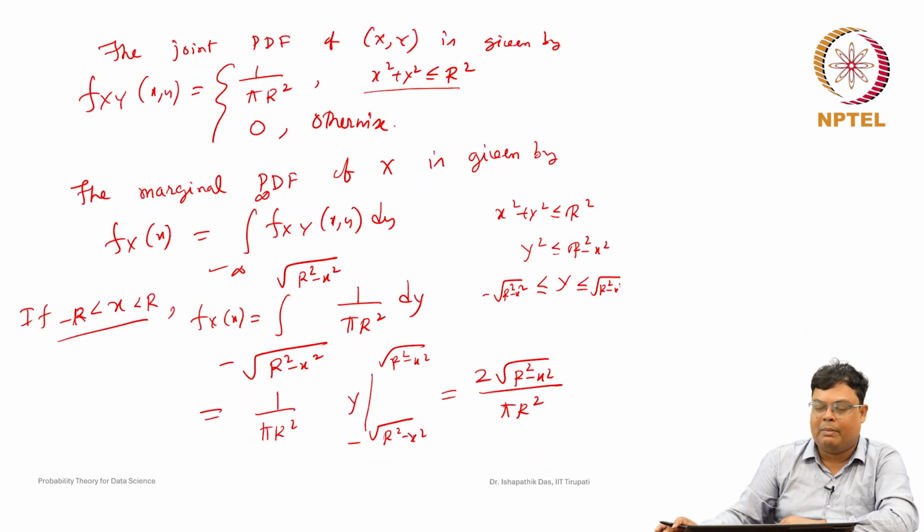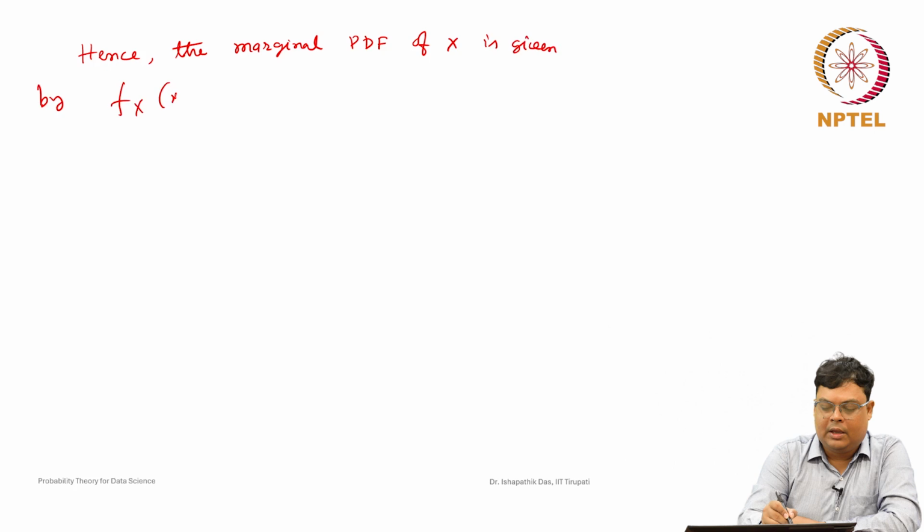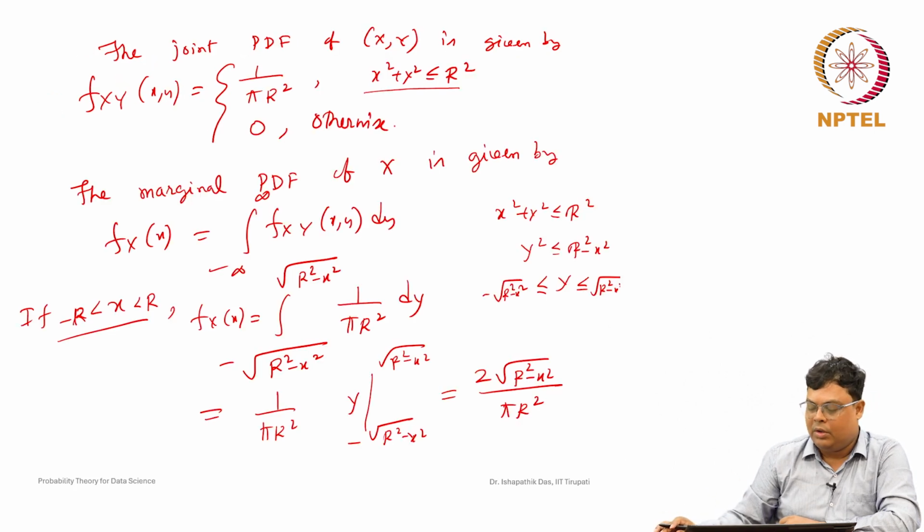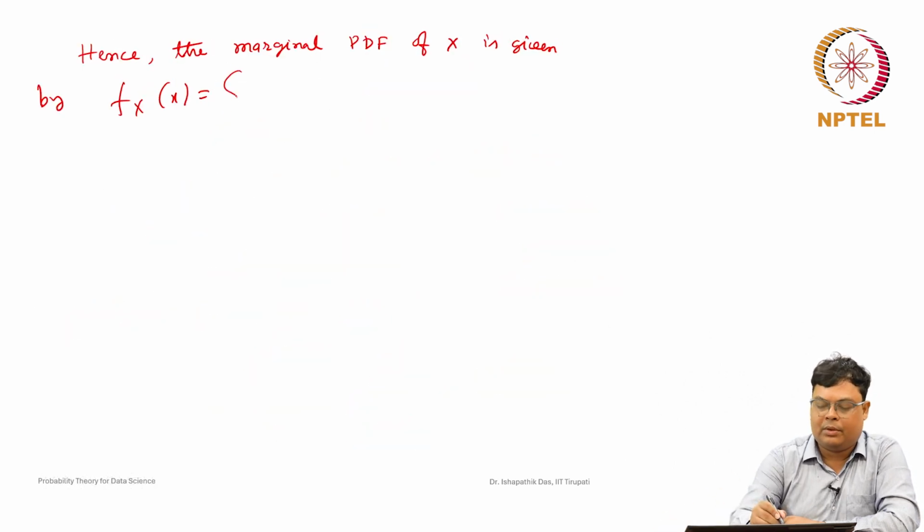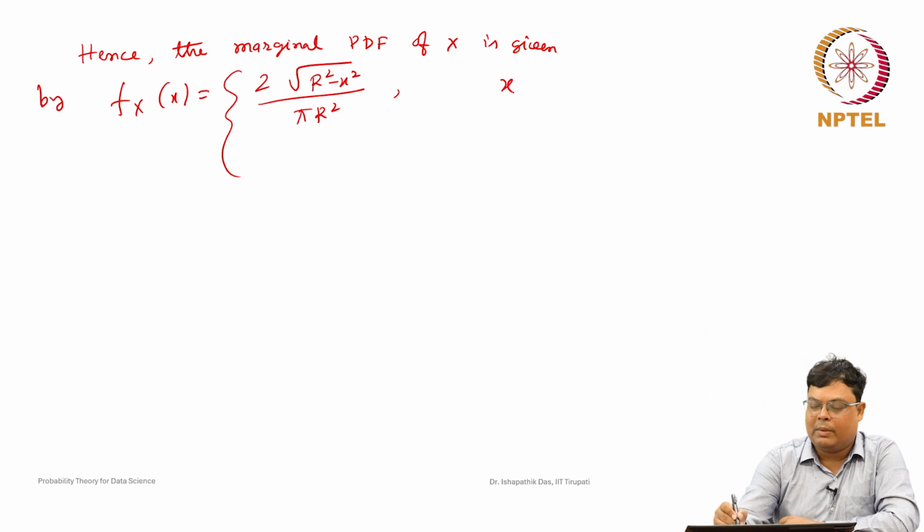Hence the marginal probability density function of x is given by f of x equal to 2 root of r square minus x square by pi r square, whenever x is between minus r and plus r.